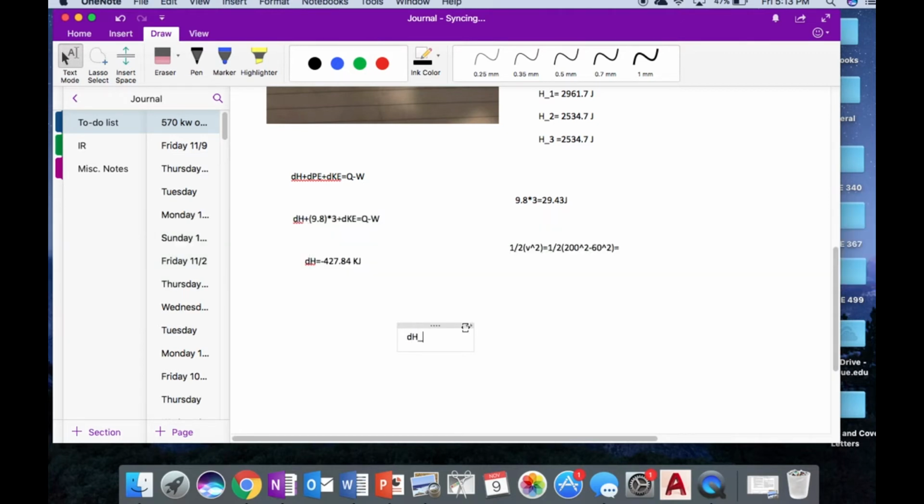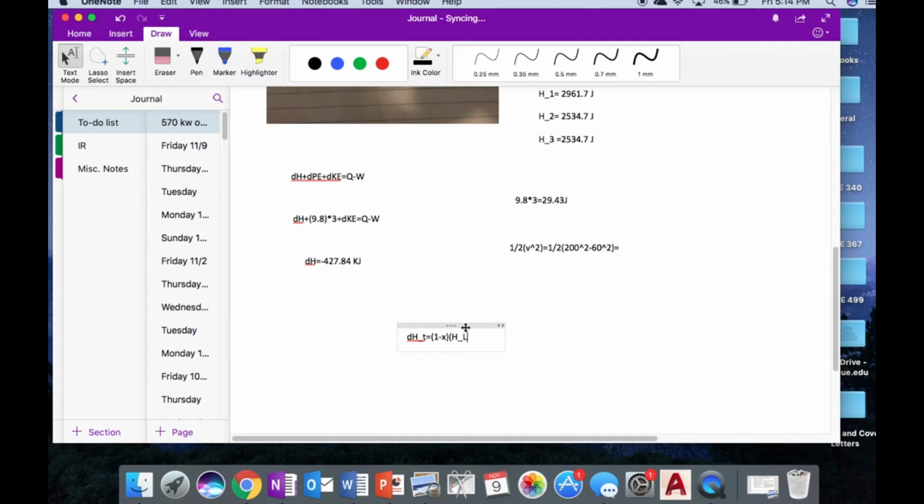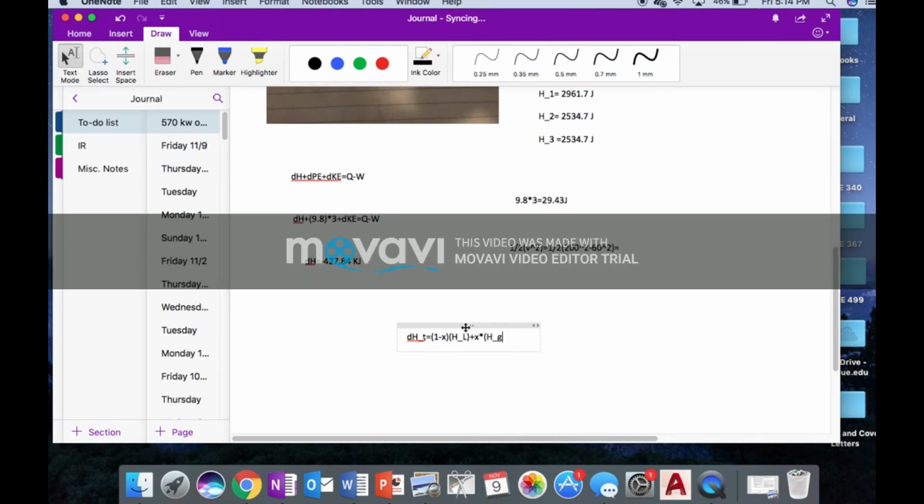You have delta H sub T, the total enthalpy, and then you have 1 minus X, which is that numerical constant you want, times H sub L, excuse me, for the liquid, then plus X times H sub G, which is the enthalpy for gas, for water.